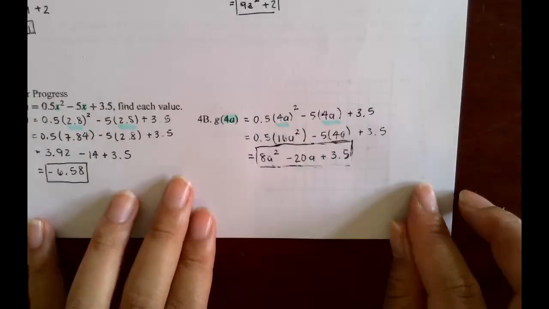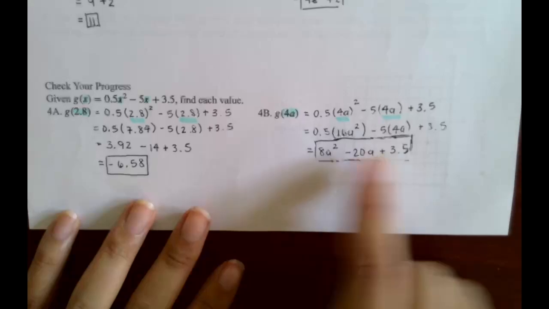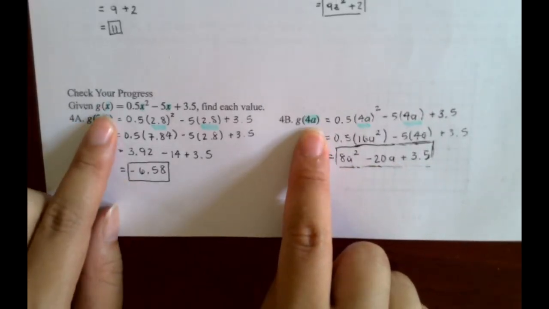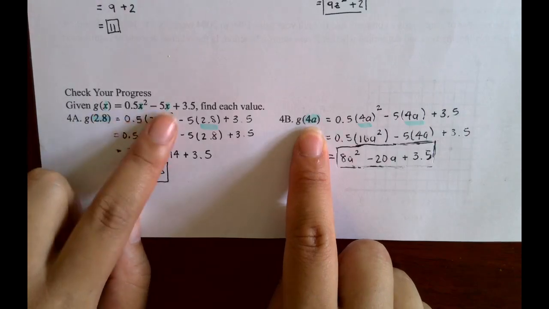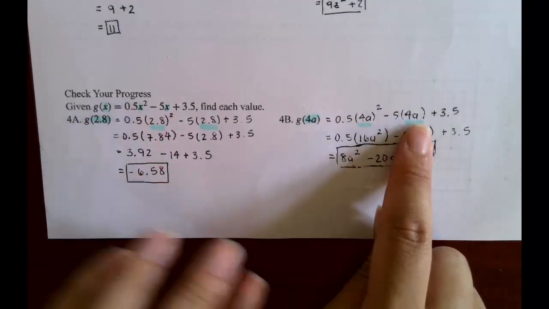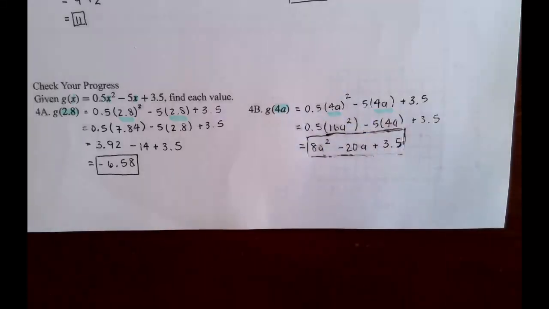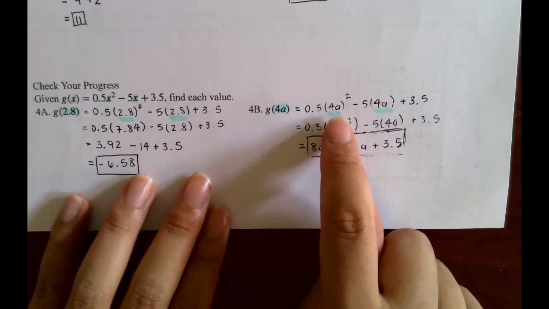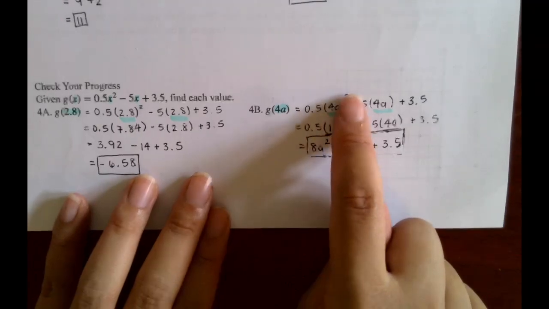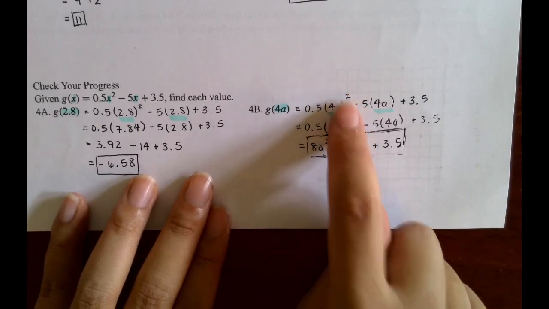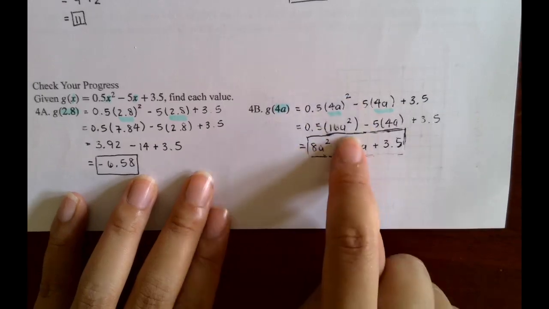Okay. Over here, g of 4a, all you can see is that the x got replaced with 4a, so I'm just going to continue replacing the x with 4a. After that, using order of operations to simplify, this is exponents, so (4a) squared. Right, so 4 squared is 16, a squared is a squared.